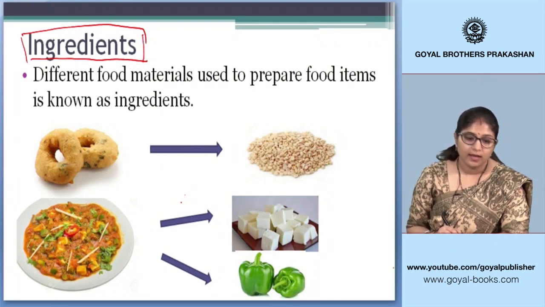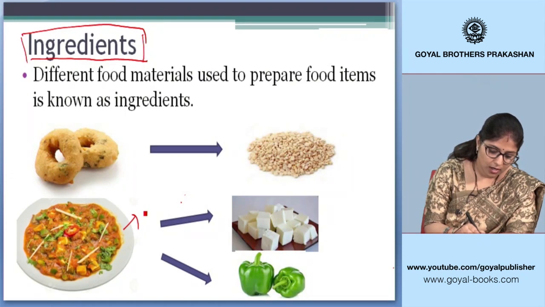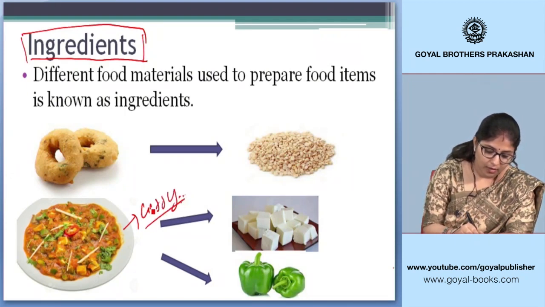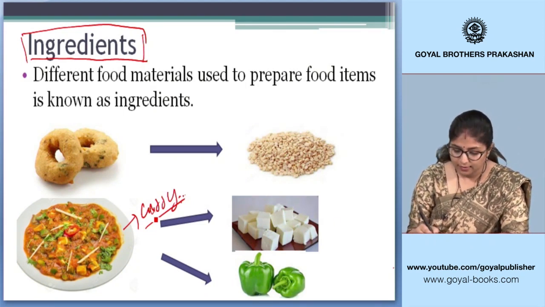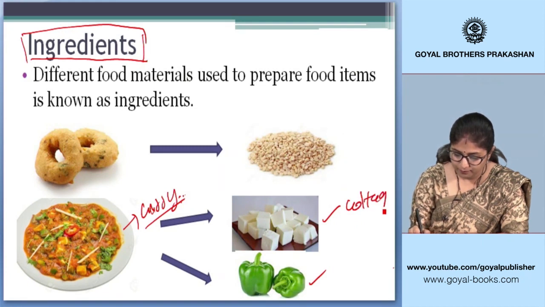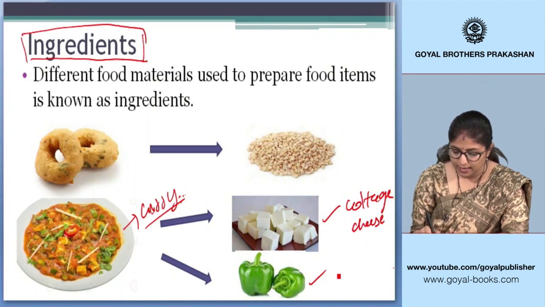For example, let's say we want a curry. So, what does this curry have? It has 2 main ingredients, cottage cheese, that is paneer, and capsicum.